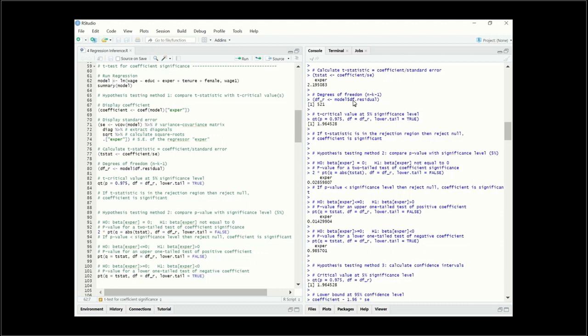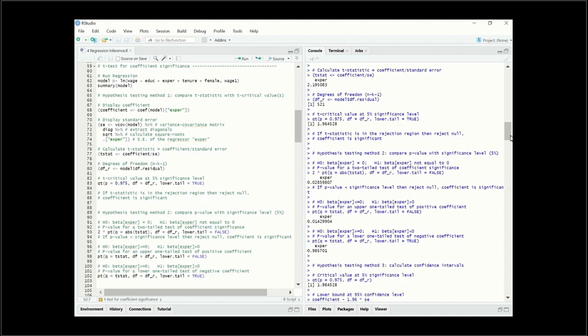And here df.residual gives you the element of degrees of freedom for the residual in this model that we had above, right? So our model is this model here. So the degrees of freedom for the residuals, we are going to be denoting it like that. This would be 521. And so that is exactly the same as the number of observations, 526, minus the number of parameters.